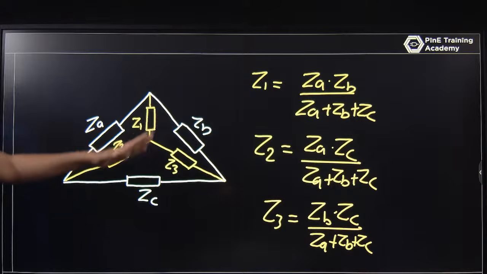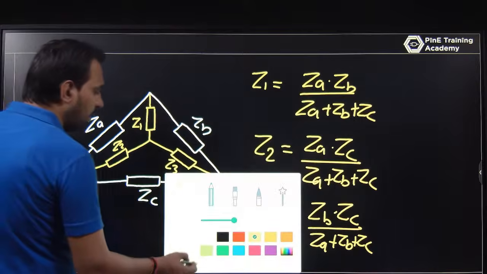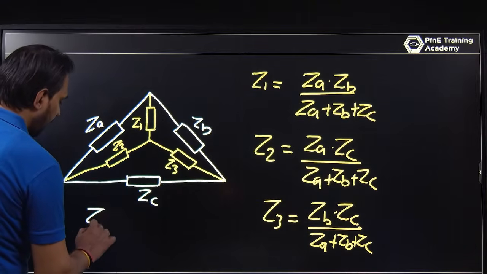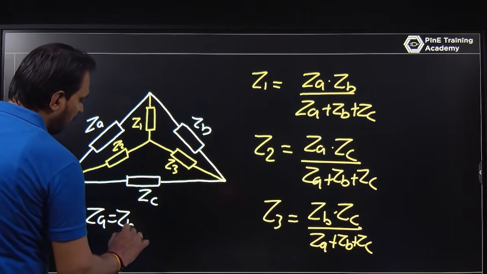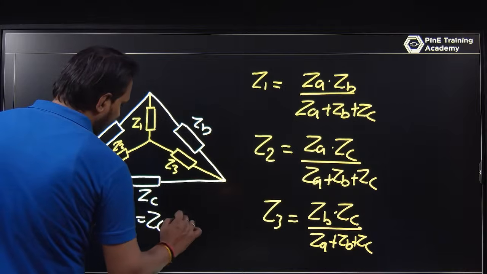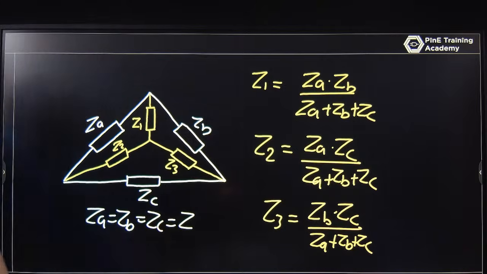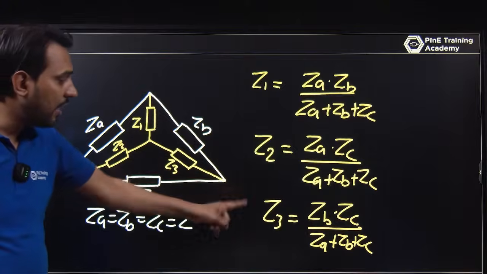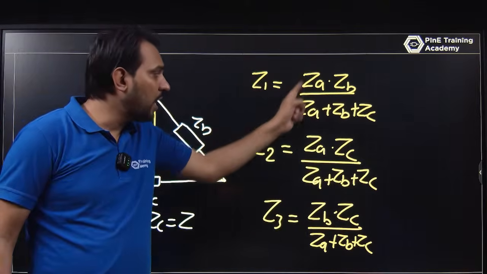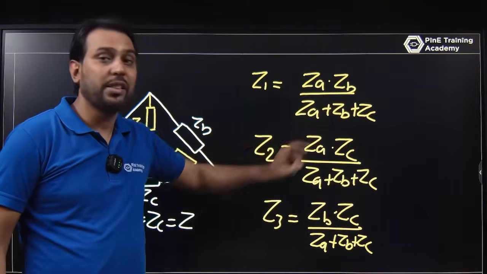Similarly, if all the impedances ZA, ZB, ZC are the same, if ZA is equal to ZB is equal to ZC is equal to Z, so your Z1 or Z2 or Z3 will be what? Z into Z upon Z plus Z plus Z, that is Z by 3.